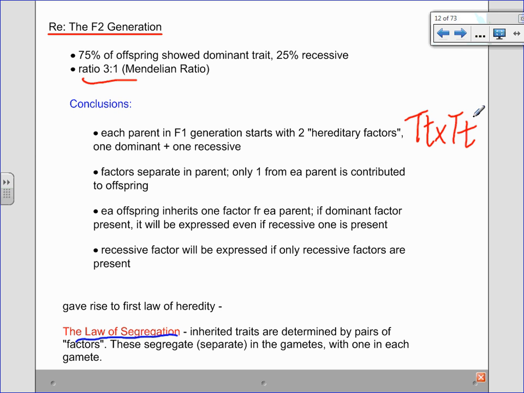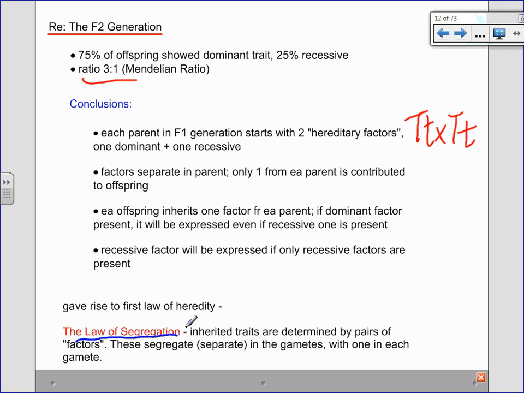At that time, he talked of them as being hereditary factors or units, but we know them to be the alleles, or different versions of the genes. The factors separate in the parent. Only 1 from each parent is contributed to the offspring. Each offspring inherits 1 factor from each parent. If the dominant factor is present, it will be expressed even if the recessive one is present. So what we see is the dominant trait.